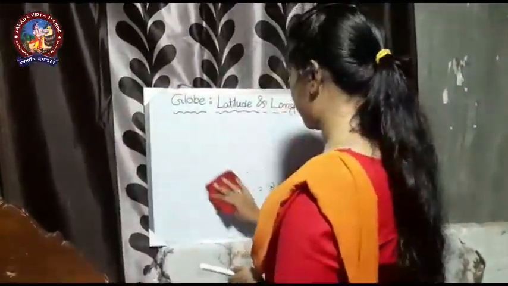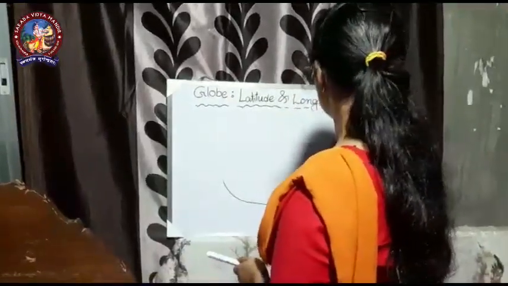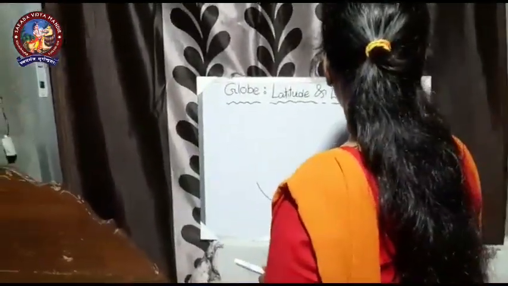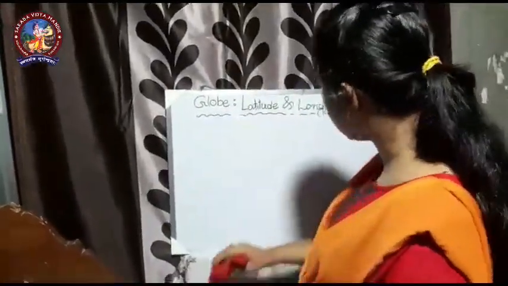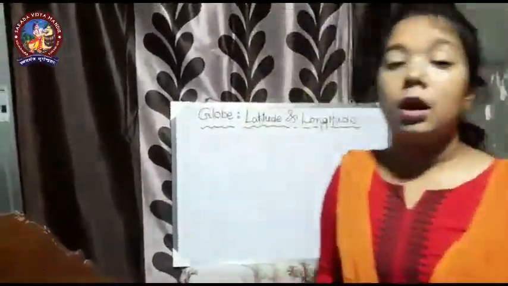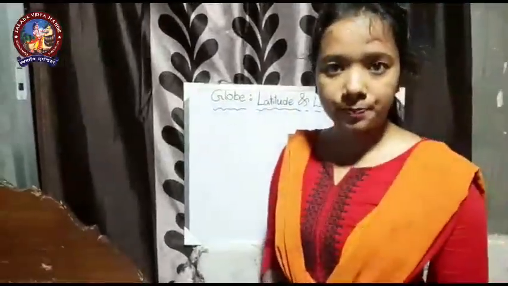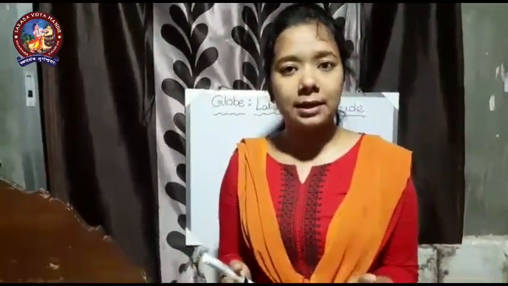Now we will move to the standard time. What is standard time? We came to know about the local time, but in a particular continent or in a particular country, there are various longitudes, right? So by the various longitudes, the time will vary. So in a particular country, if we have different times, it will be very difficult for the people of that country.